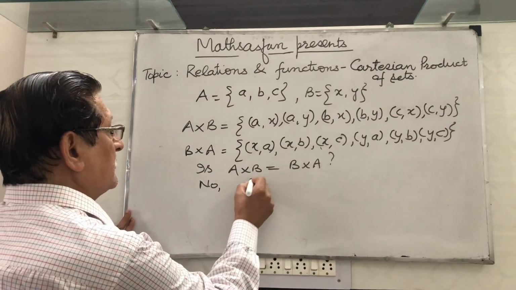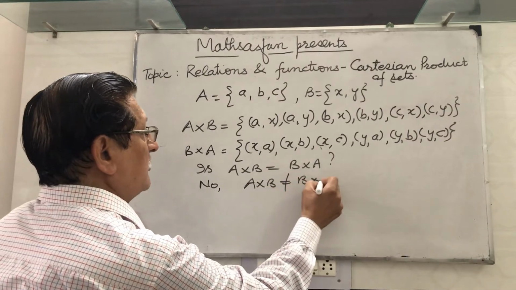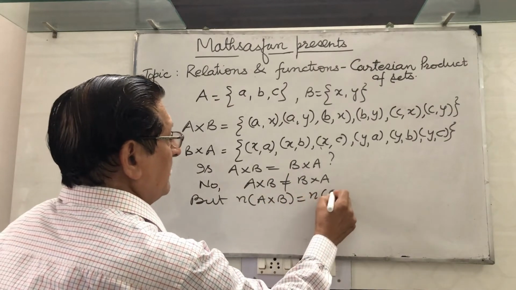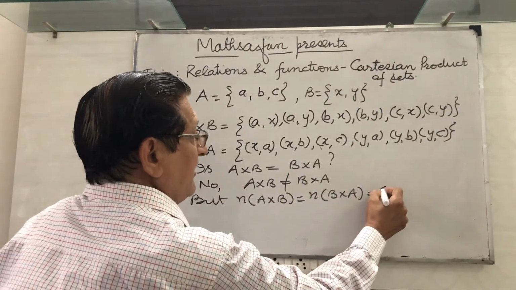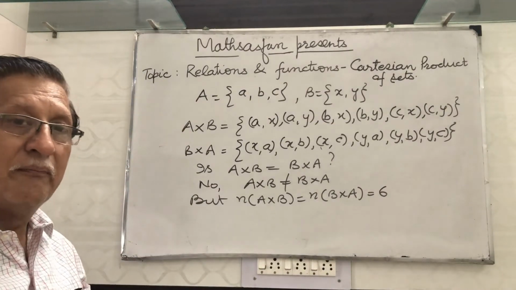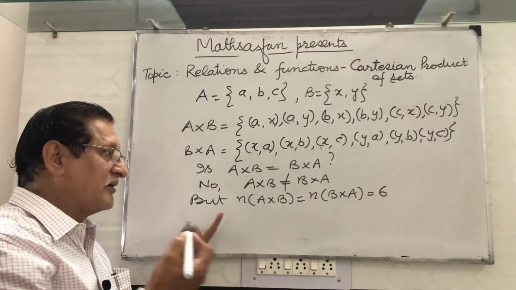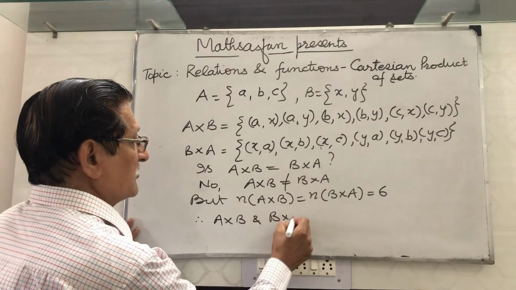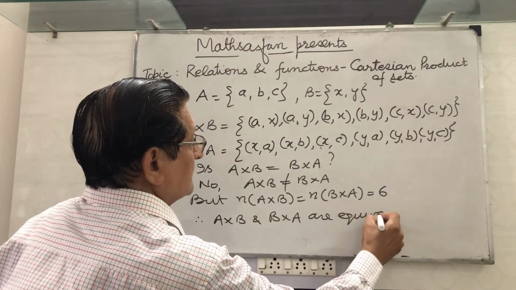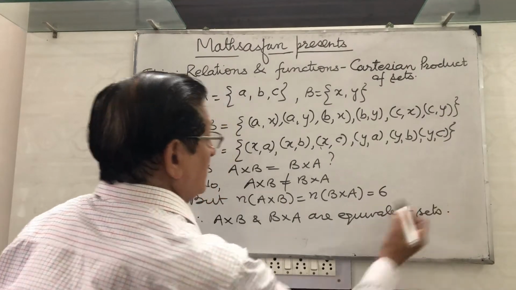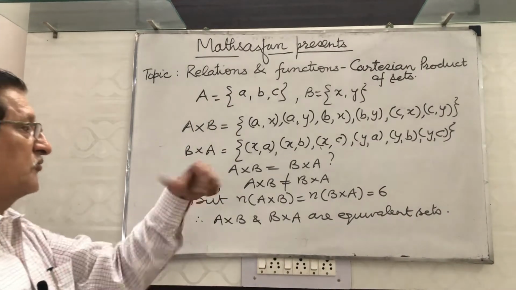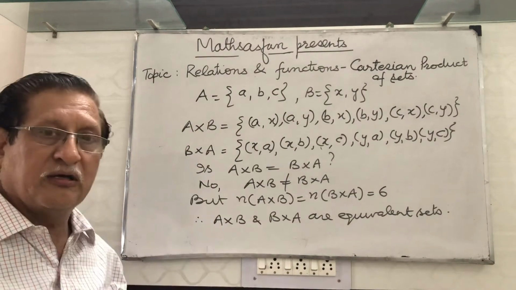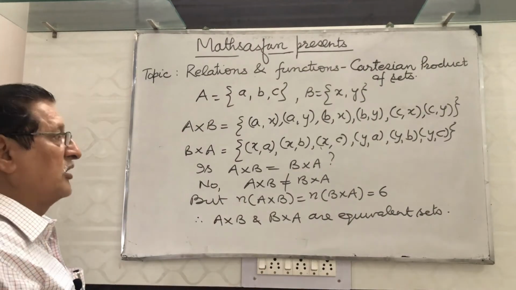So we can say that A cross B is not equal to B cross A, but the number of elements in A cross B and in B cross A is the same, 6. And we know if the number of elements in two sets are equal, then they are equivalent sets. It means A cross B and B cross A are equivalent sets. Combining these two, we can say that the Cartesian products A cross B and B cross A are equivalent but not equal.